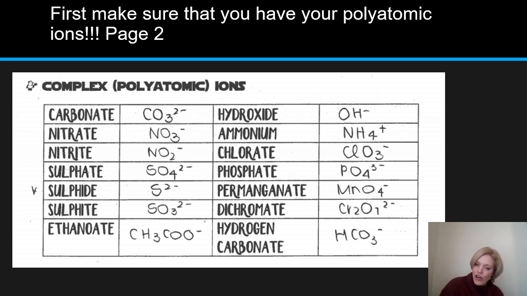How do we get the same charge? Think about sodium. Sodium is in your first group of metals, okay? It has a +1 charge. Therefore, I'm going to need 2 sodium atoms to make sure that I stabilize that carbonate.